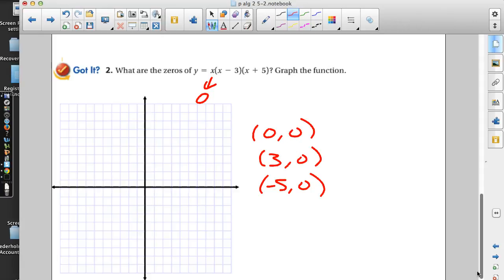What's the degree of this polynomial when it's all multiplied out? X to the third. Is there any possibility there's going to be a negative in front of that x to the third? No way. None of those x's are negative. So end behavior should look like that. So we get our zeros on here.